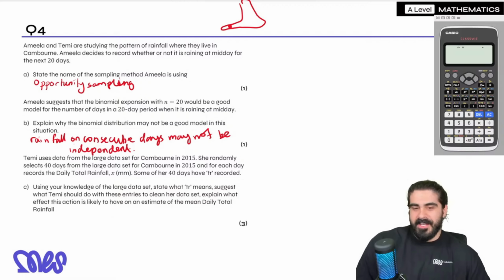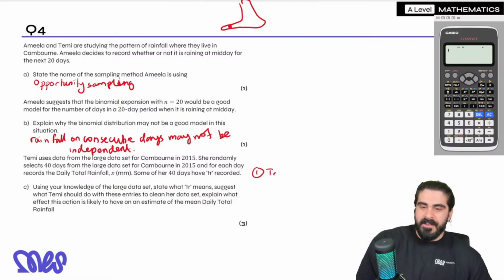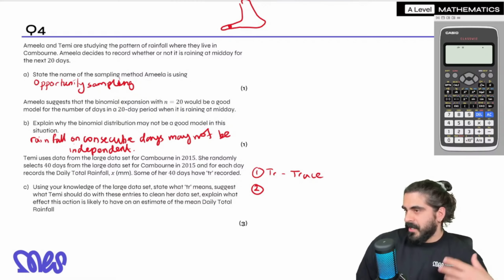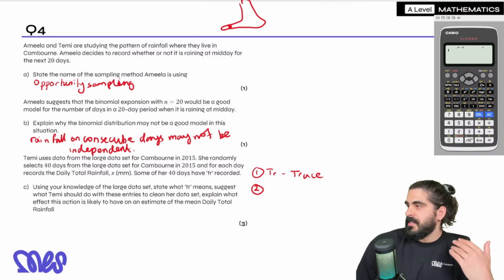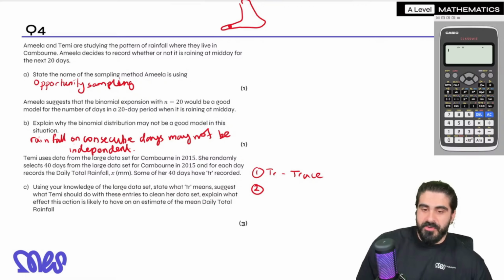The first thing we should say is that TR means trace. You could set a range, but we could just say trace just means less than 0.05 millimeters. Good, and make sure you include the units there. So trace means less than 0.05 millimeters of rainfall.